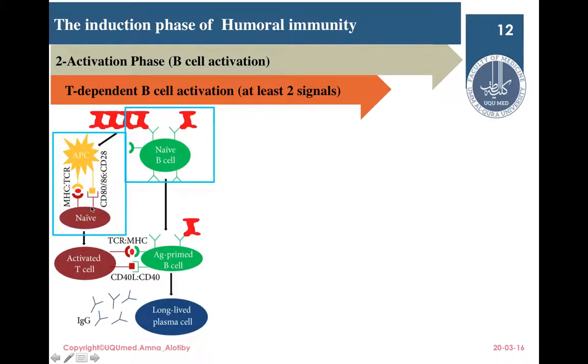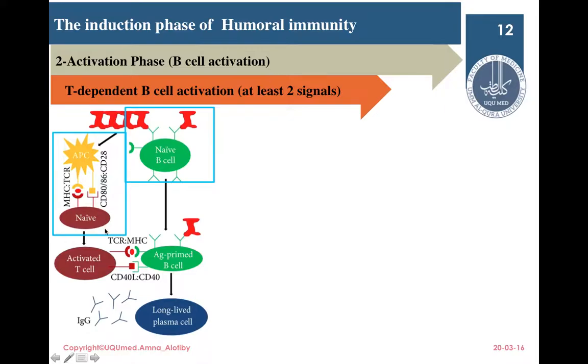On the other hand, the naive T cells are presented the antigen by antigen presenting cells in the lymph nodes. These antigen presenting cells capture the antigen, process it, and present it with the help of MHC class 2 to the naive T cells. And it needs two signals. The second signal is through the co-stimulatory signal, CD28 on naive T cells and CD80-86 on the antigen presenting cell.